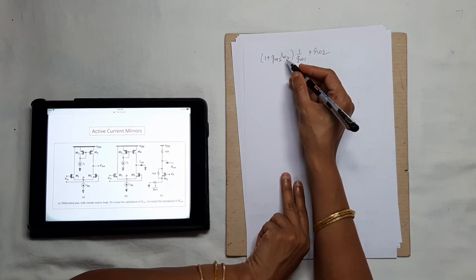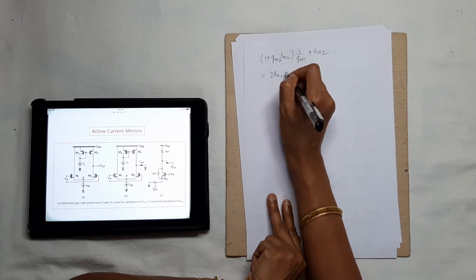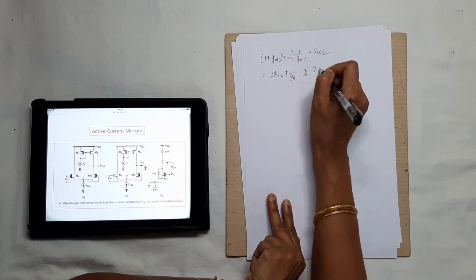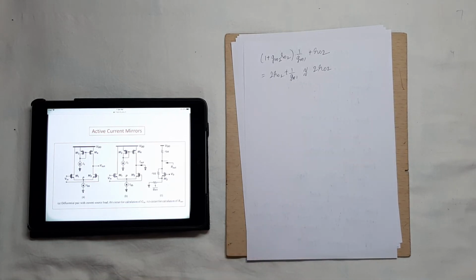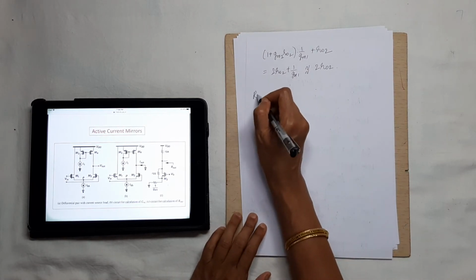You pronounce it as RO2, not R02. This is equal to 2 RO2 plus 1 upon GM1, which is nearly equal to 2 RO2. Now how have we arrived at this particular expression? It is for your reference.